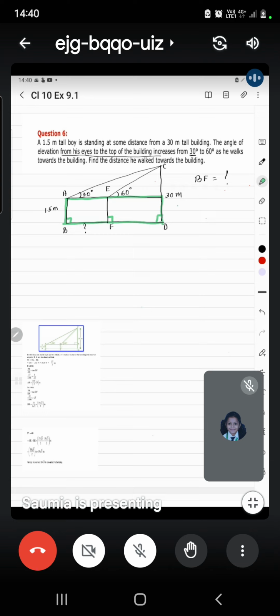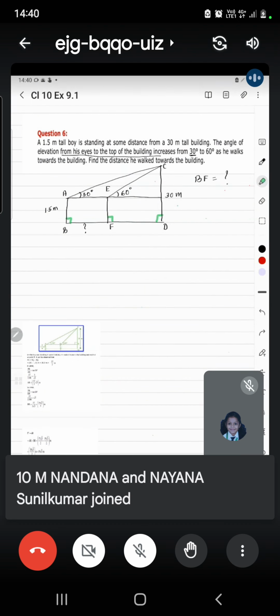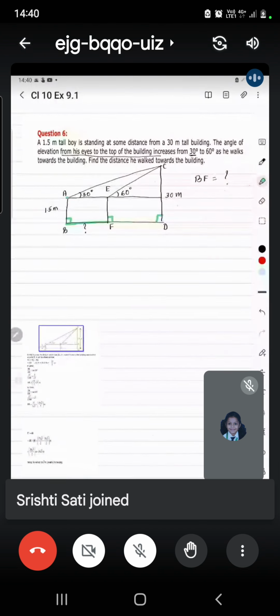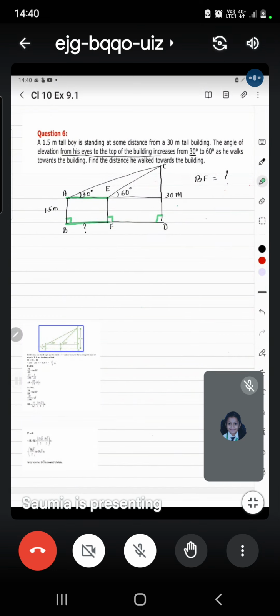So we'll get a rectangle at the bottom. Now, the BF that I want to find, my unknown, will be equal to the AE. Correct? Because it is also a rectangle.